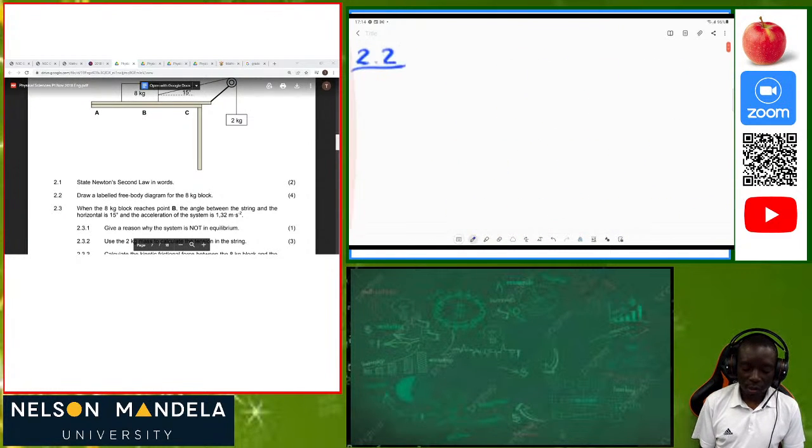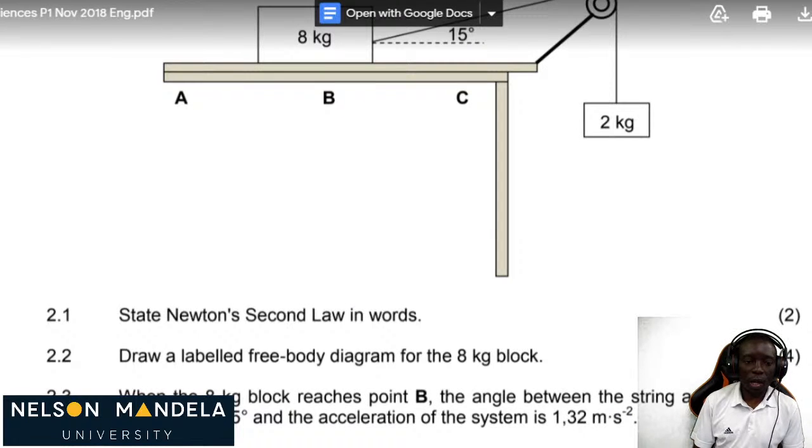Now part 2.2 requires us, let's see the question again. Draw a labeled free body diagram for the 8 kg block. In this case, what is required is for us to present all the forces that are acting on the 8 kg block.